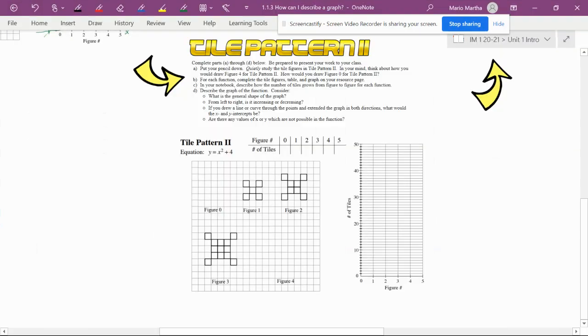The equation is also known as the rule, okay? So be careful with that. So the equation here is y equals x squared plus 4.